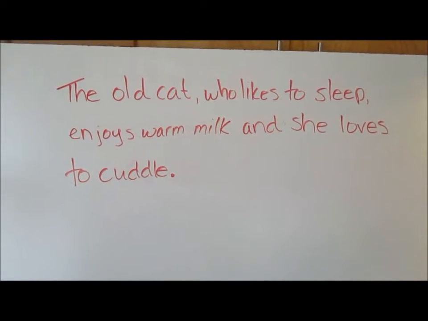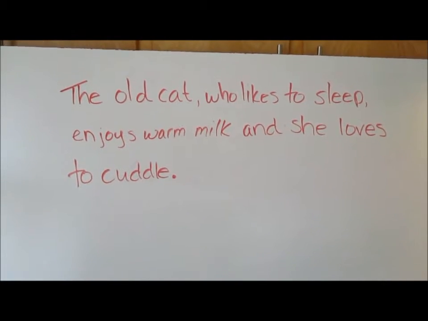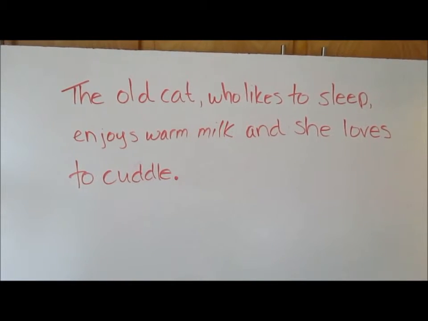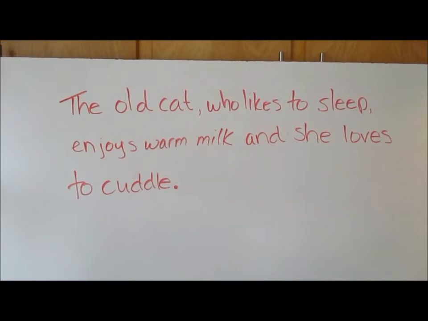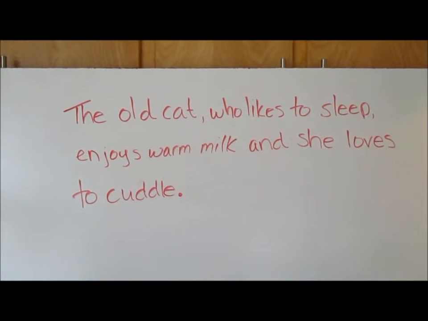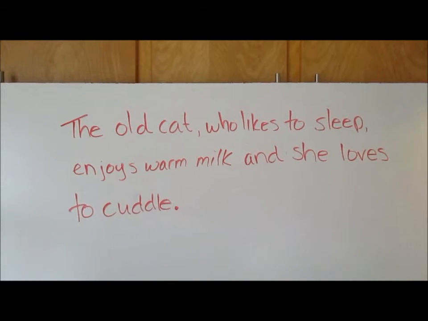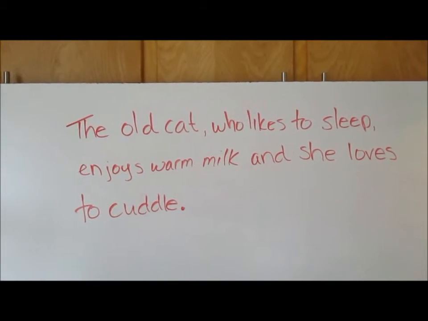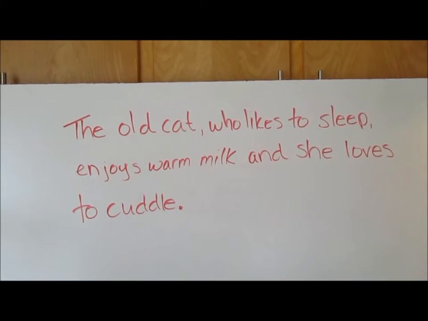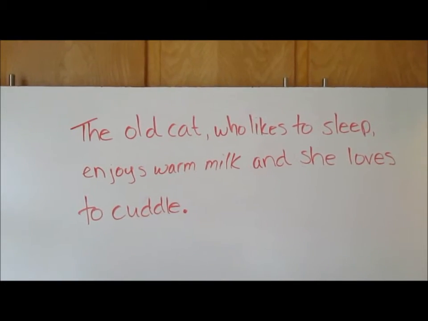So we want to define here what are our independent clauses, and if we have any dependent clauses within the sentence, so that we know how to go about the sentence.